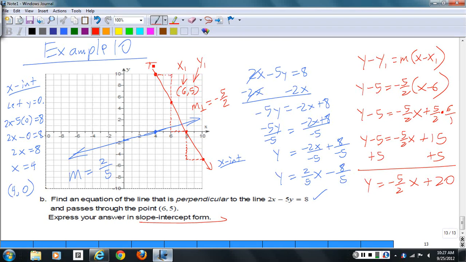And I think if we were to extend this up here, the y-intercept of 20 would be evident right up there somewhere. So y equals negative 5 halves x plus 20, in red there, is the final answer that we're looking for.